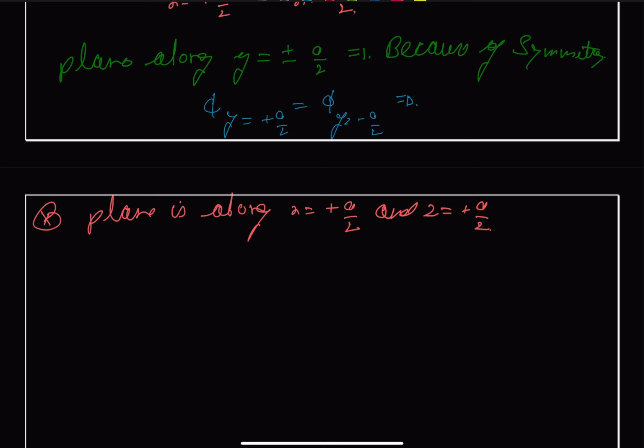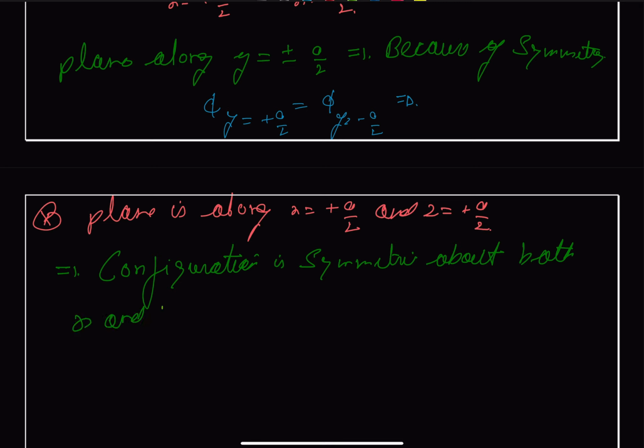So we can say that the cubical configuration is symmetric about both x and z direction.